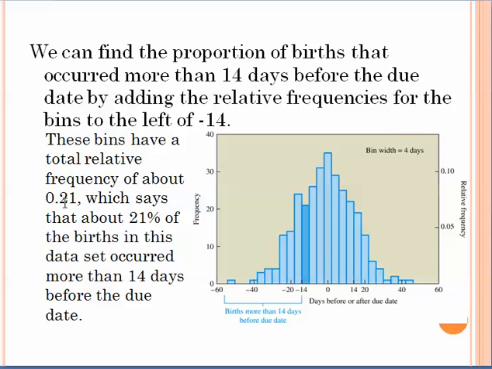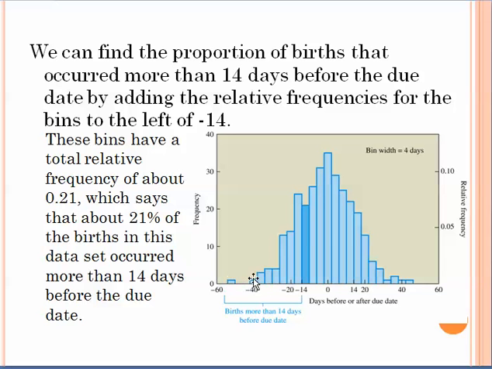We can find the proportion of births that occurred more than 14 days before the due date by adding the relative frequencies for the bins to the left of -14. So -14 represents 14 days before the due date, and all the bins here are the days greater than 14 days before the due date.